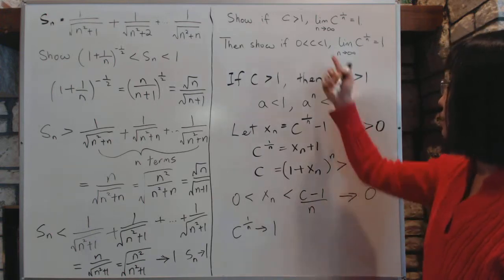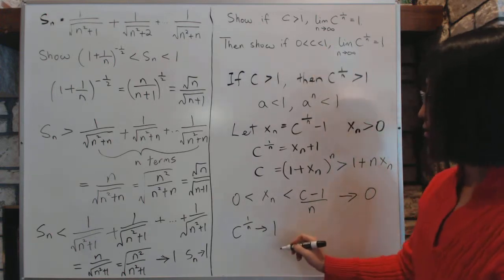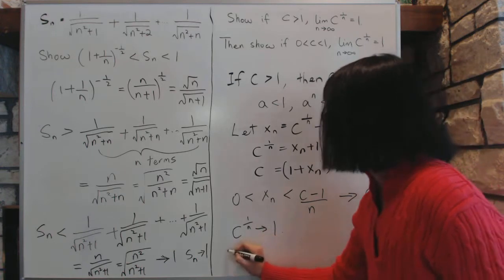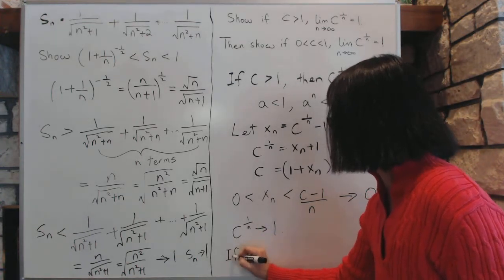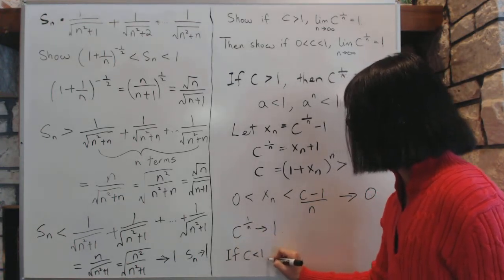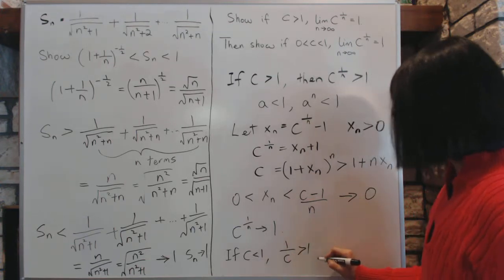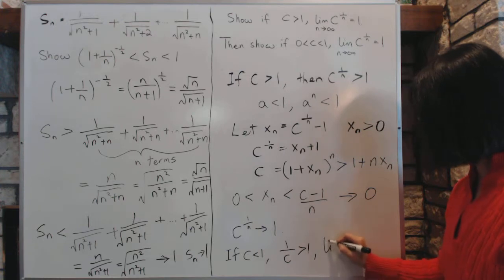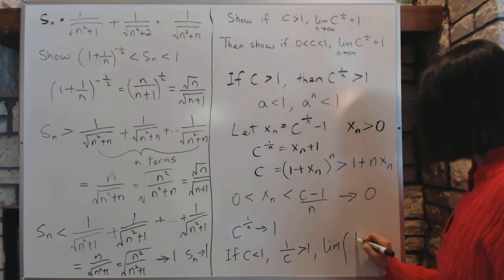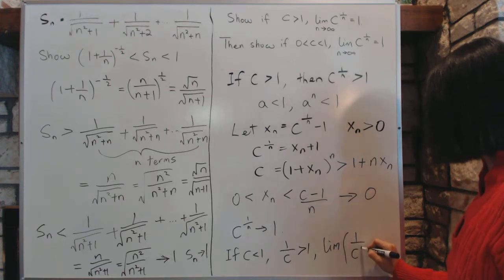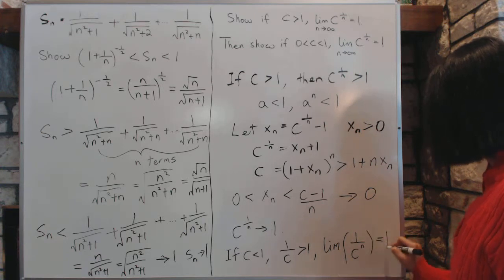Now what about when c is less than 1? If c is less than 1, then 1 over c is bigger than 1. So then the limit of (1 over c) to the power 1 over n is equal to 1, by the relationship we just proved.